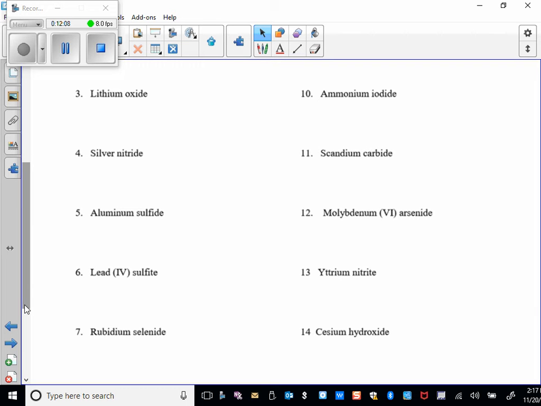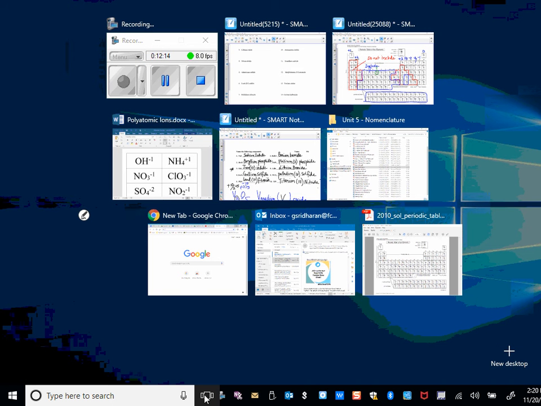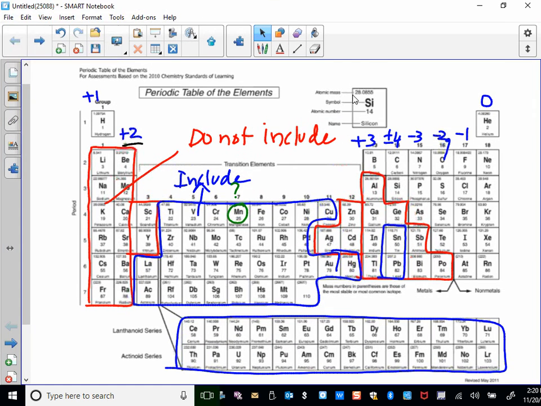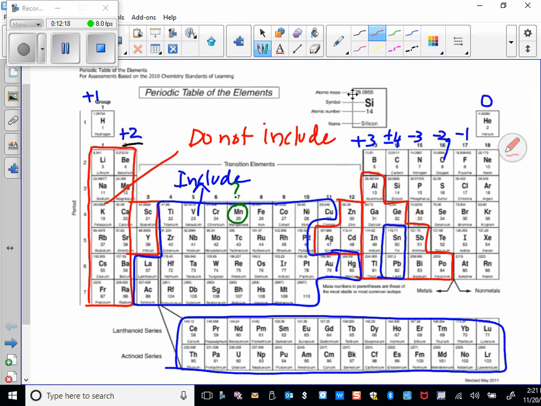Let's write the charges on silver, cadmium, zinc. All right. So scandium is a +3. Scandium will always be +3. Yttrium will always be +3. Zinc will always be +2.